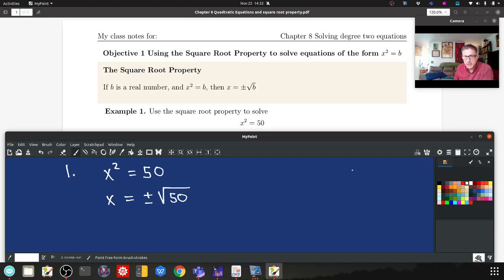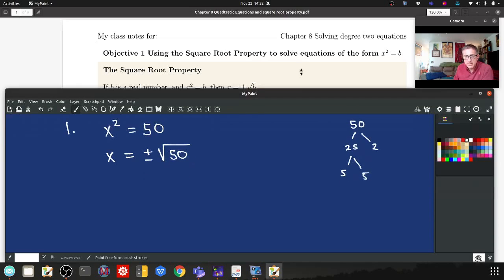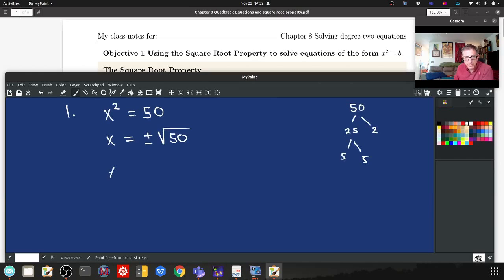But we're not done yet, because 50 is equal to 25 times 2, and 25 is equal to 5 times 5. So let's go ahead and simplify what's under the radical. X is equal to plus or minus. So 50 is equal to, here are my prime number factors.